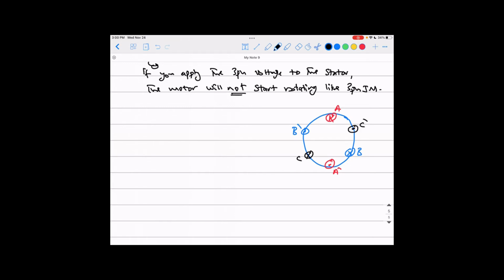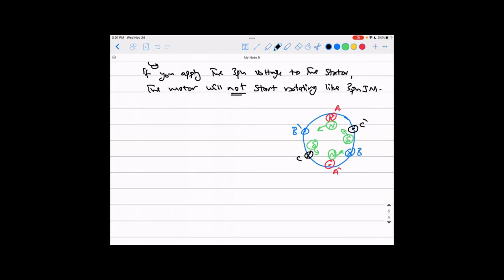You have three-phase winding in the stator, and those produce rotating poles, maybe north, south, which just rotate around the circumference of the stator at the synchronous speed, 120 F/P, just like our three-phase induction motor.